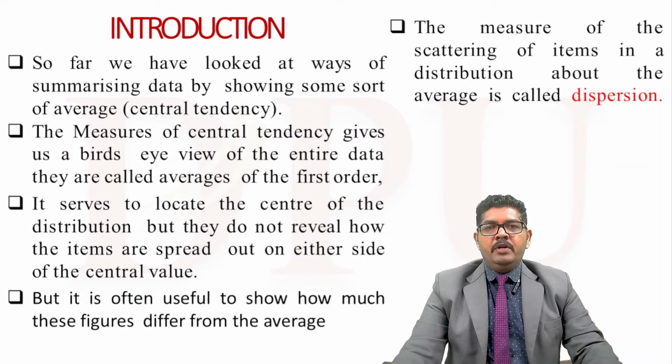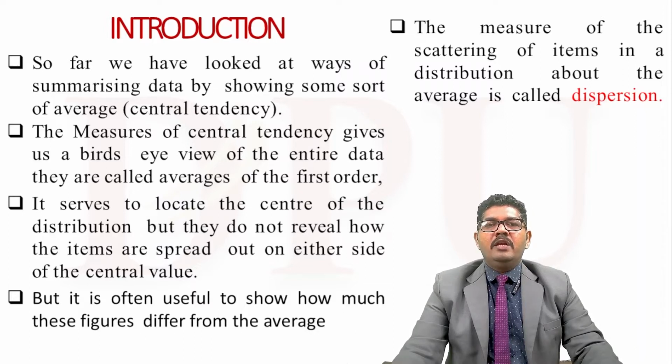Introduction to the measures of dispersion. So far we have looked at ways of summarizing data by showing some sort of average. In the previous unit we discussed measures of central tendency, and we know that a measure of central tendency gives us the bird's eye view of the entire data, and the measures of central tendency are called averages. A measure of central tendency is a single value that can represent the entire data set.